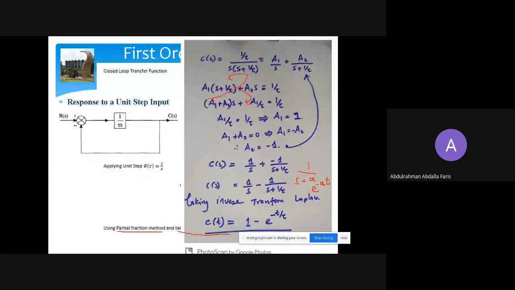So our a here is 1 over tau. So we just have 1 minus e to the minus t over tau. This is our time response for a first order system. Whenever you have a first order system, you'll get a response similar to this.